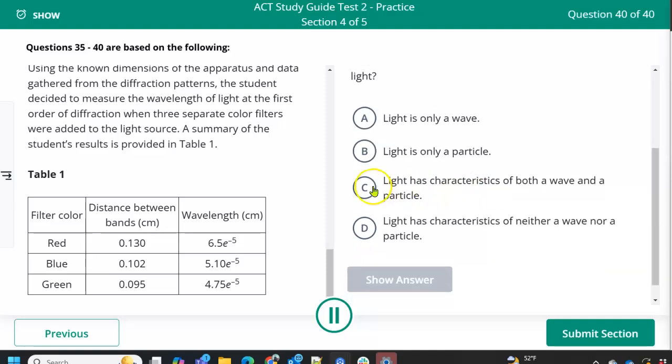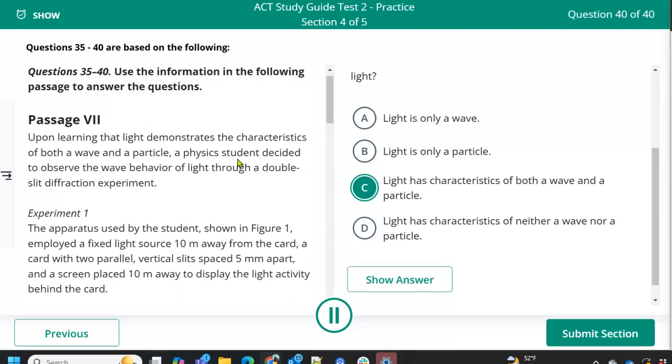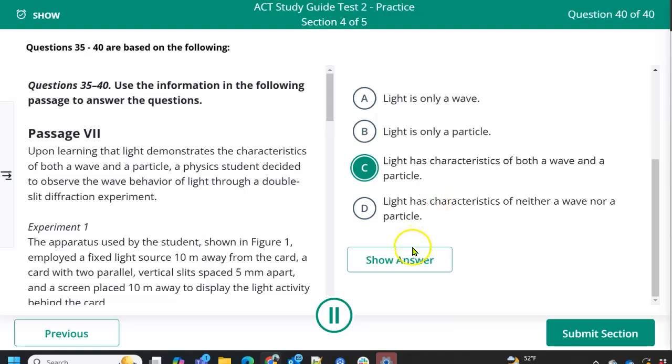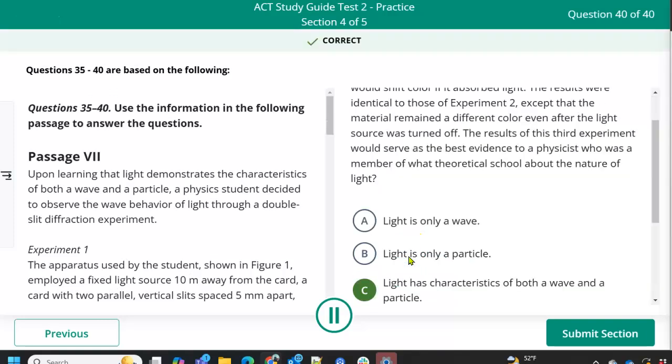So I'm going to go wave and particle. Doesn't it give the answer away right here? Upon learning that light has the characteristics of both a wave and a particle. All right, let's go with it.